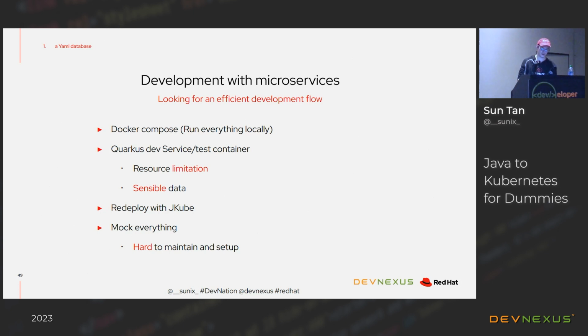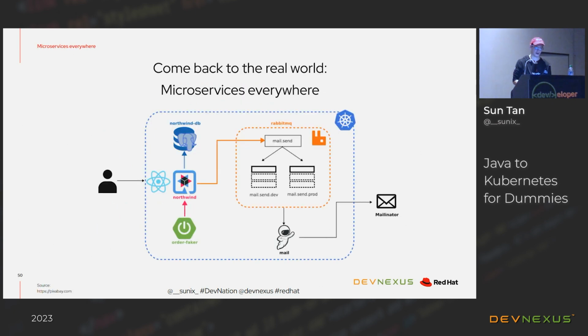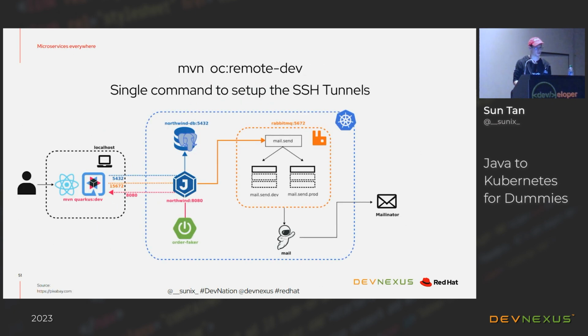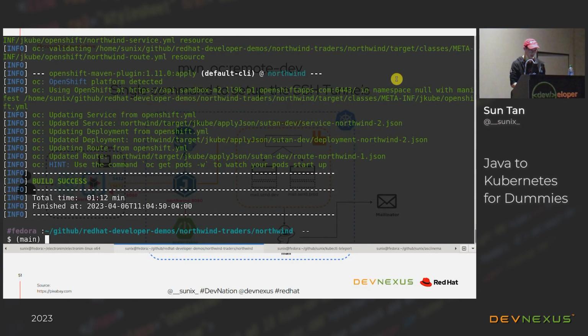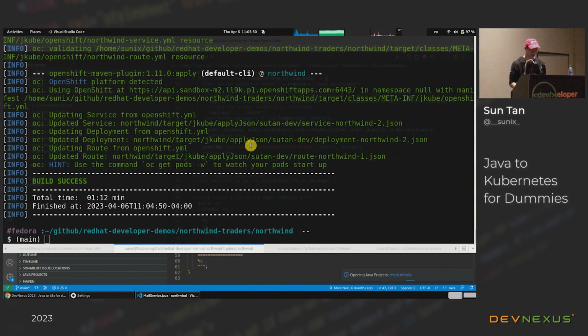But we have developed a new feature that would solve the problem. It's called remote dev. So let's see if my previous app has been deployed. I would give it a try.